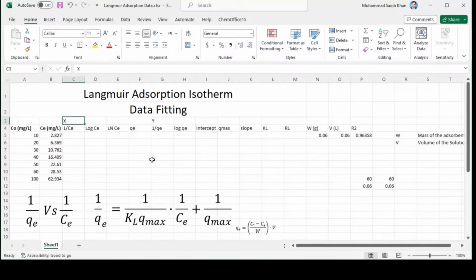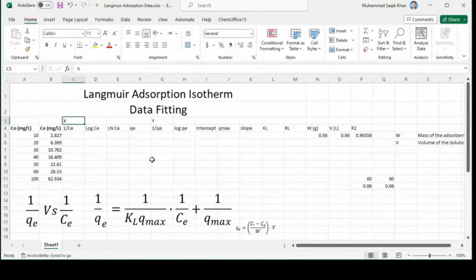This column is N, so we will put a $ sign before and after N, and the volume column is O, so we will put a $ sign before and after O. So this will be locked and it will be followed in all next formulas. So now drag, it will copy all this.